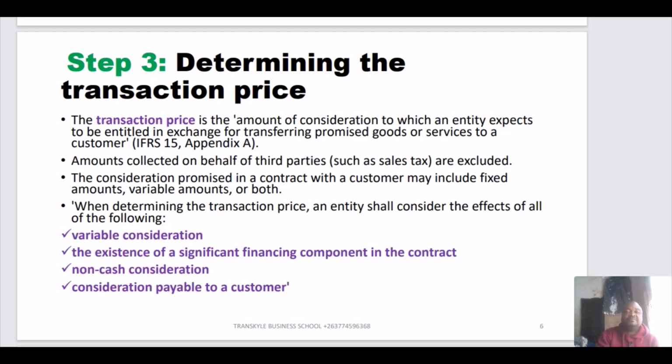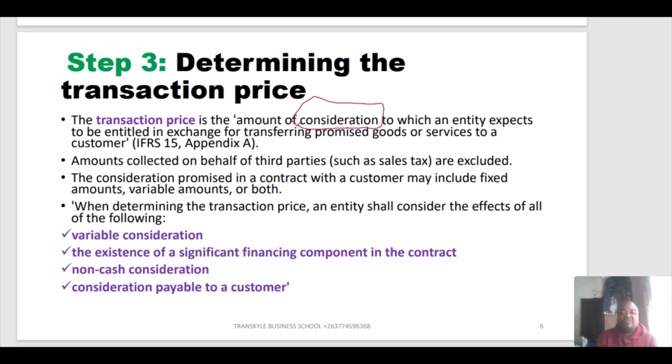Step number three, you need to determine the transaction price. The transaction price is the amount of consideration to which an entity expects to be entitled in exchange for transferring promised goods or services to a customer. So that's the consideration you are going to expect to receive by the end of the day.